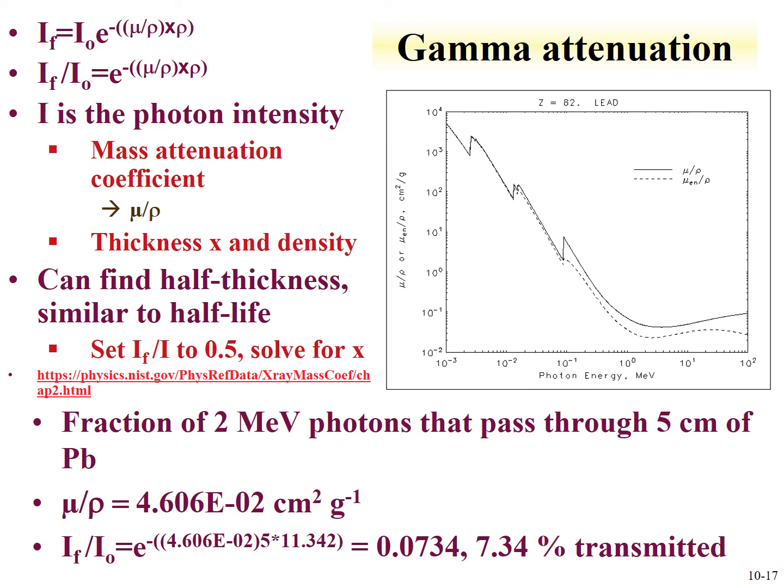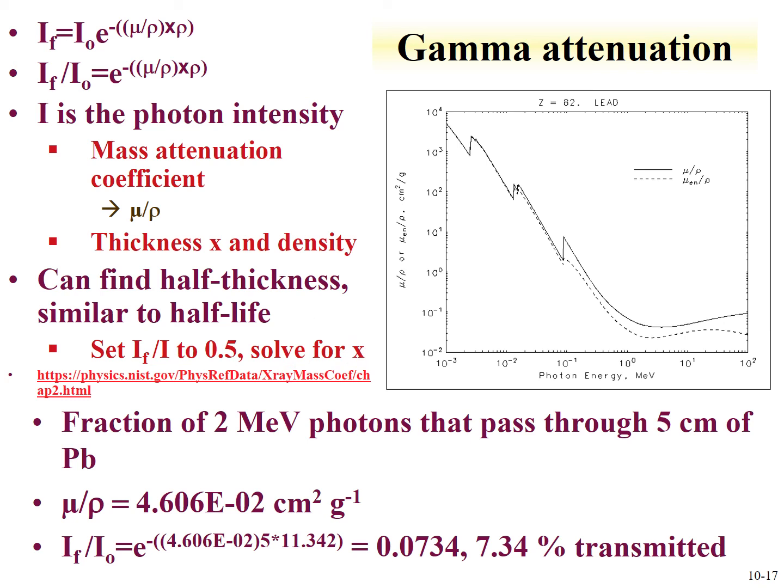So if one has the mass attenuation coefficient, material thickness, and density, one can calculate the attenuation of photons through that material. Similar to decays, one can also calculate a half thickness, similar to half-life. So for a given energy, if you're given the mass attenuation coefficient, you should be able to set the photon final over photon initial to 1/2 and solve for the thickness that's responsible for cutting down the photon intensity by 1/2.